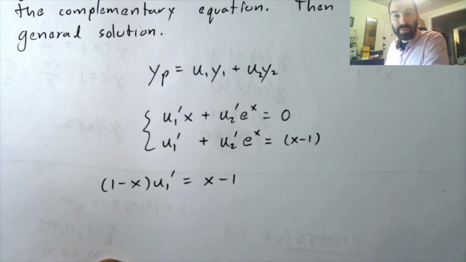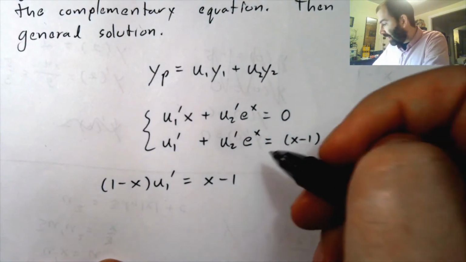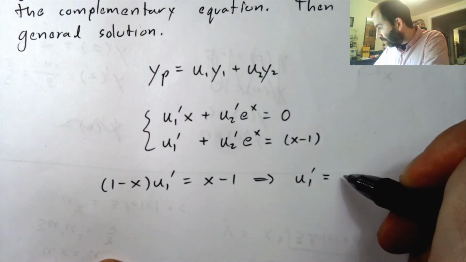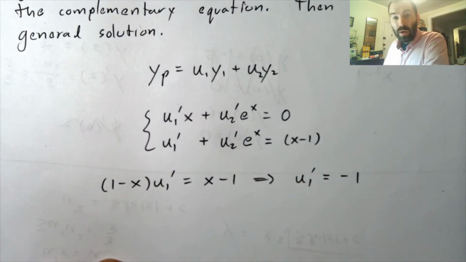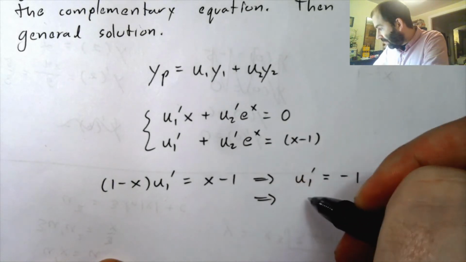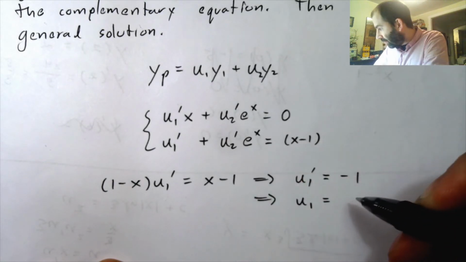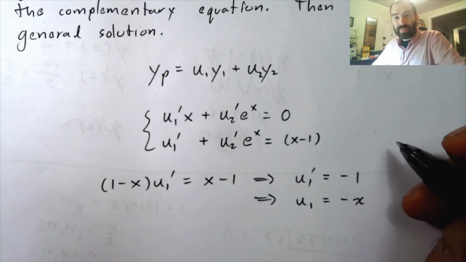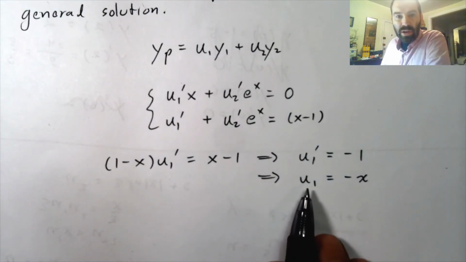Because these two things cancel off, and so what does that tell us? It tells us that u1 prime is equal to -1. Well, that means that we can get u1, right? u1 is just the antiderivative of that. It's just -x. All right, so that solves u1.